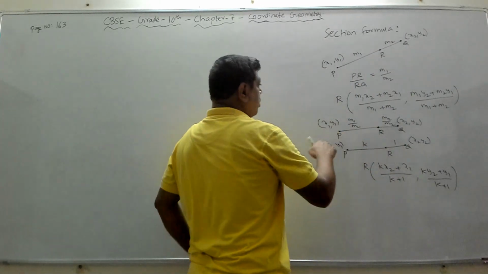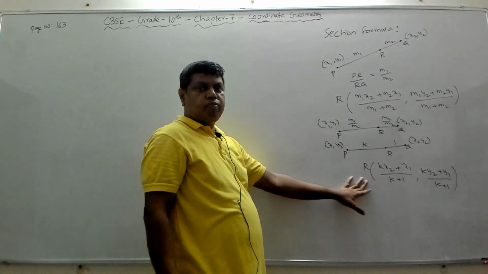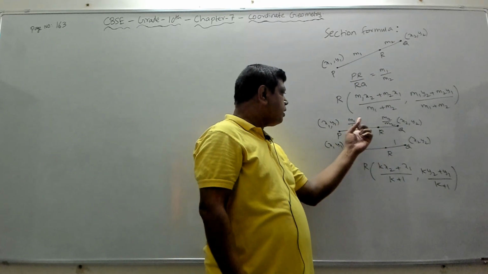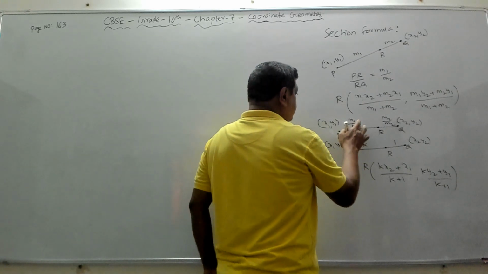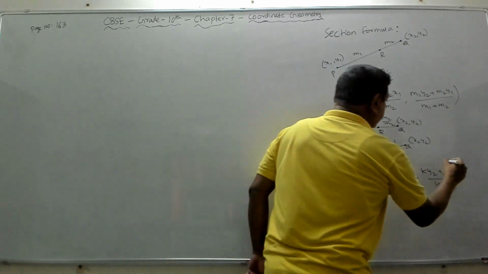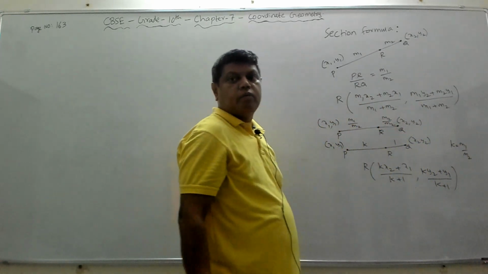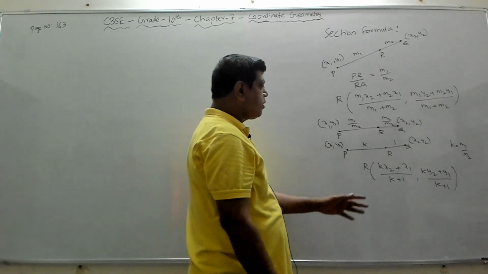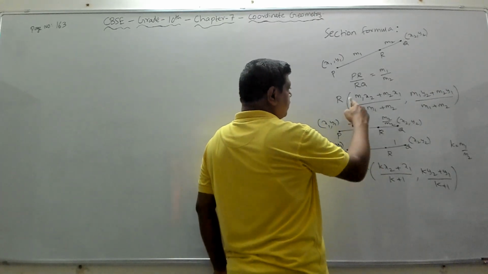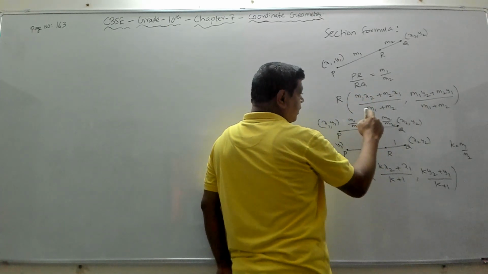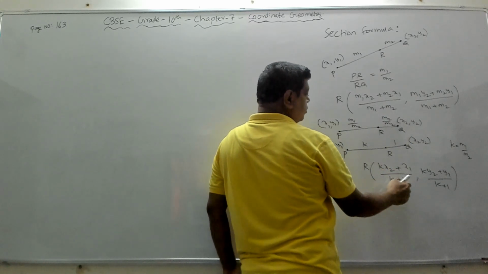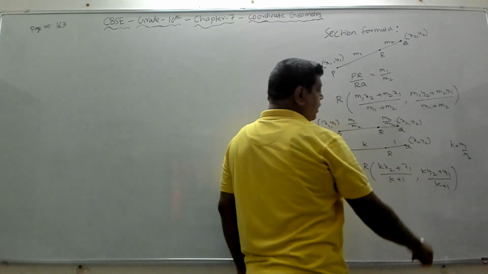The same section formula can be rewritten in this form, where the value of k is m1 by m2. So the section formula can also be rewritten as k x2 plus x1 by k plus 1, k y2 plus y1 by k plus 1.